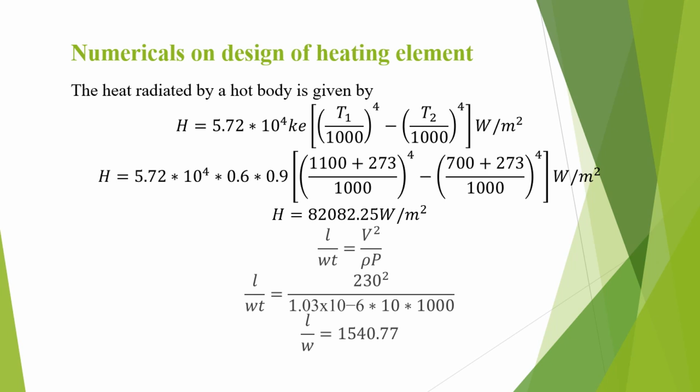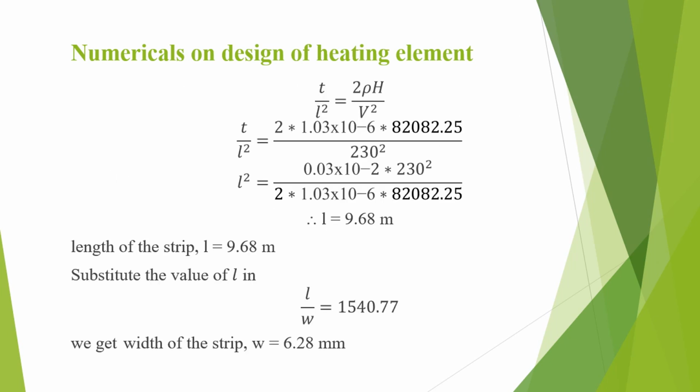Substituting for the values of V, P, rho and t, we get L by W equal to 1540.77. Next we have the equation of t by L square equal to 2 rho H by V square.